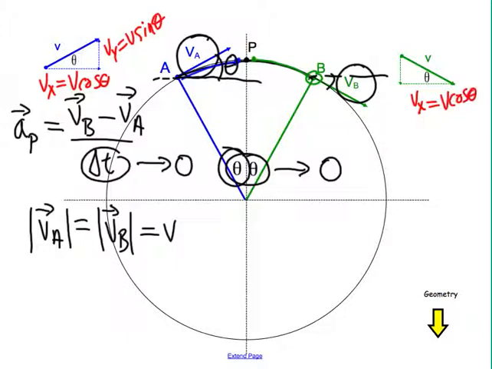But notice this vector is pointing downward, so v sub y is minus v sine theta. That's going to turn out to be the key, because the magnitudes of the components are the same. The only difference is this sign. This has a minus sign, this one does not. That's our change in direction.